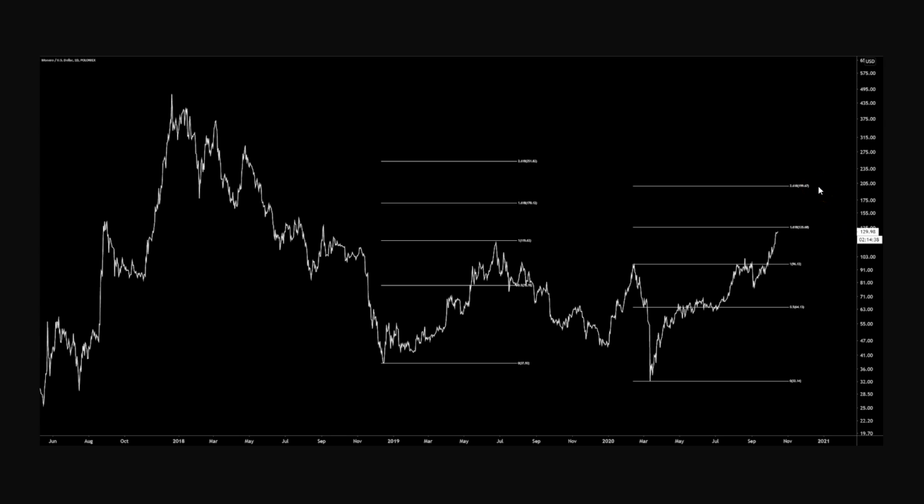The idea is if price breaks this local high, and these levels, it should reach at the bare minimum its 1.618 Fibonacci extension. It is unusual for price to reach the 2.618 on the first attempt.